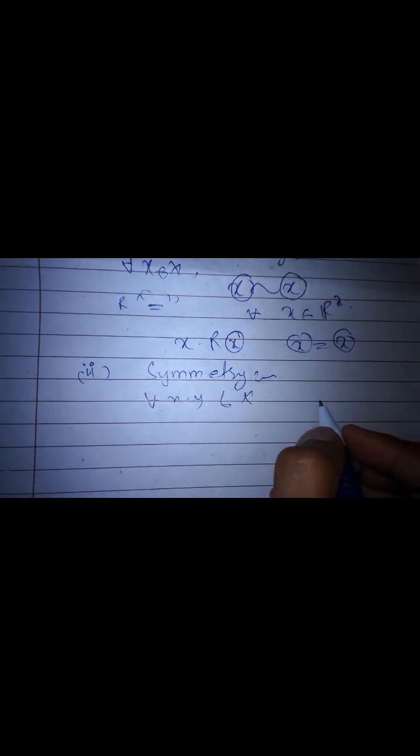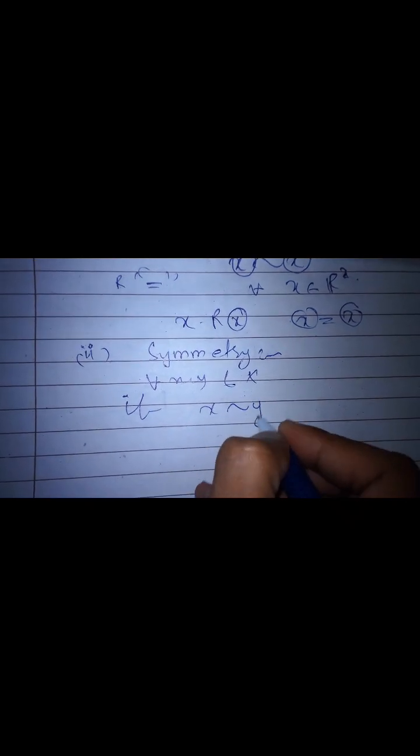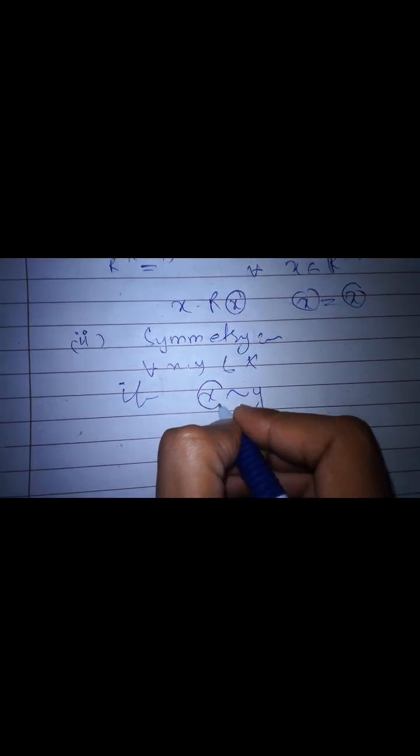For all x, y belonging to the given set, if x is related to y, then y is also related to x. For example, if x is equal to y, supposing the equality relation, this implies y is equal to x. This relation holds under this condition.